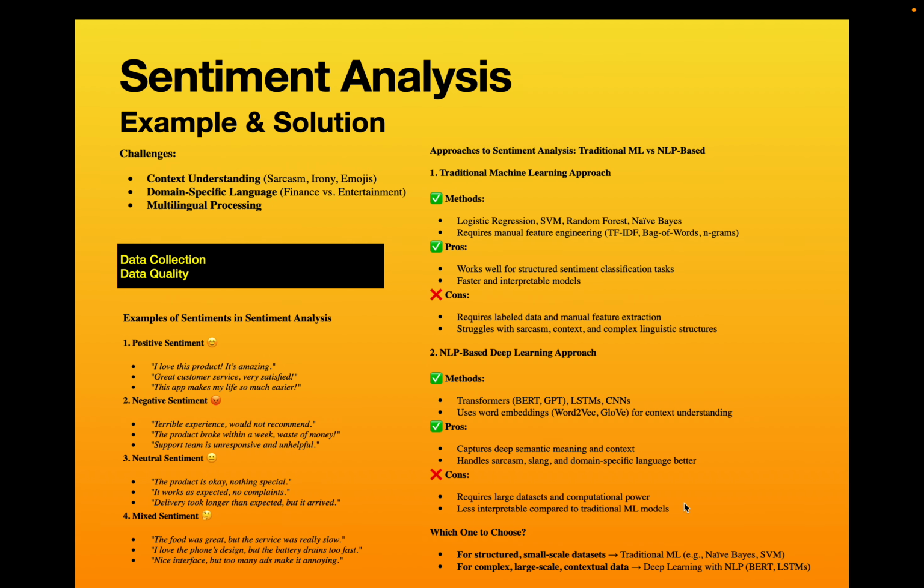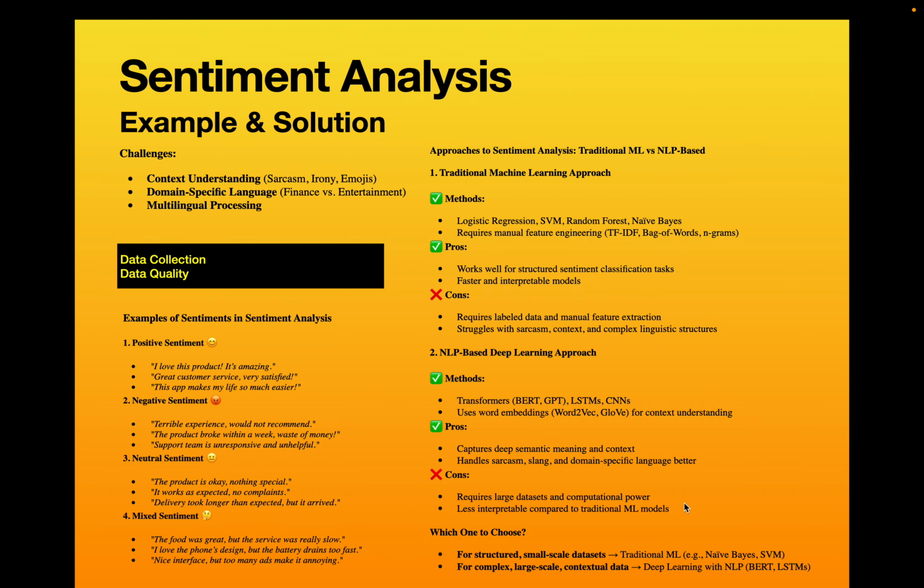But the cons are that sometimes it requires a large data set, or I will say computation power. So the LLM approach may not be fruitful for a small data set, because it is too expensive and sometimes demands high computation power.